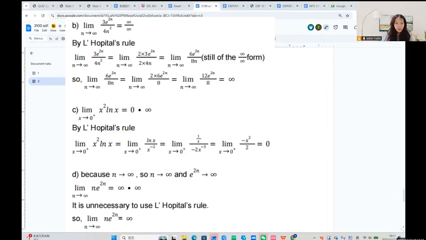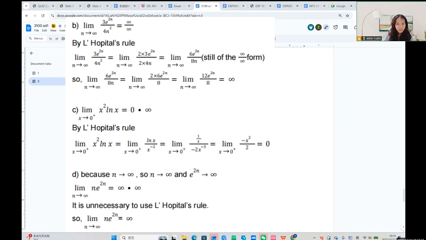Okay, so the second example is to find the limit of 3e to the power of 2n over 4n squared as n approaches infinity. For this one, it gives infinity over infinity, so we can use L'Hopital's rule.